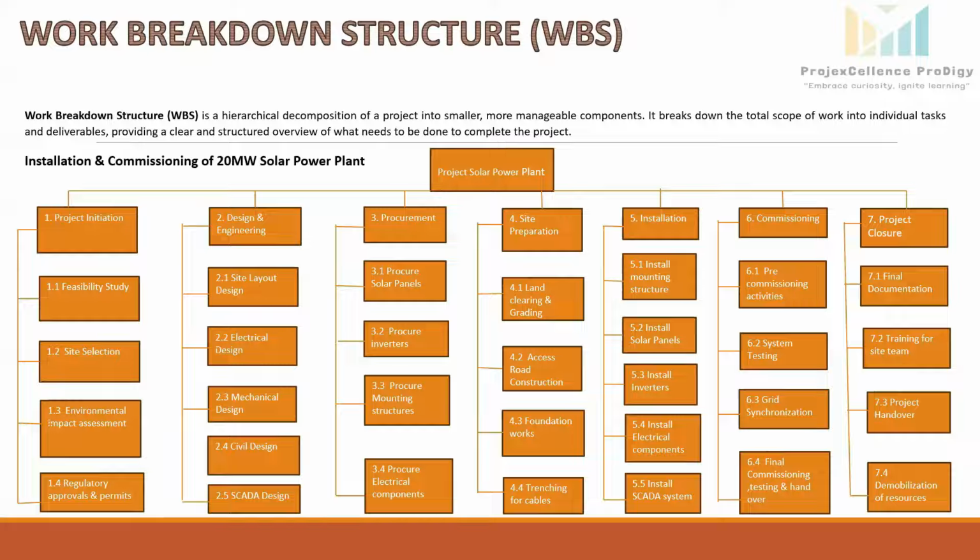Each work package is part of a control account. The middle layer is of planning package, which is optional and it is not shown here. A planning package is a work breakdown structure component below the control account and above the work package with known work content but without the detailed schedule activities.